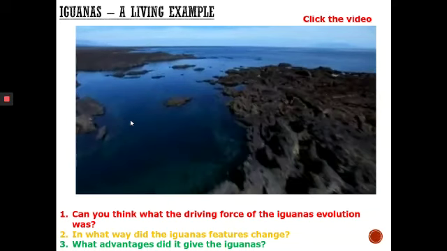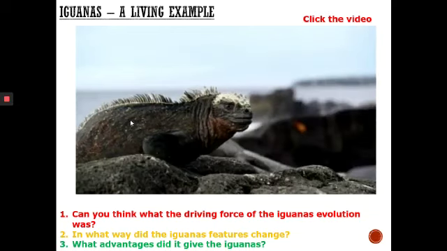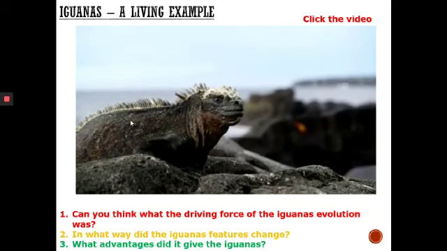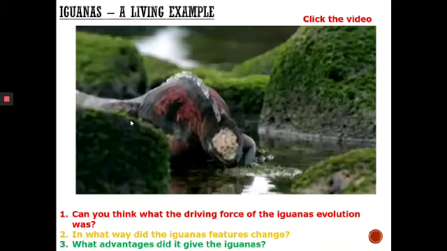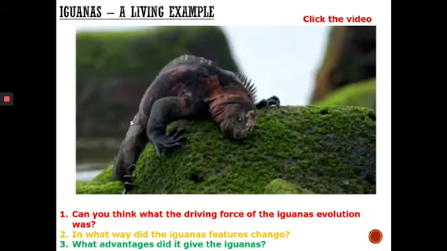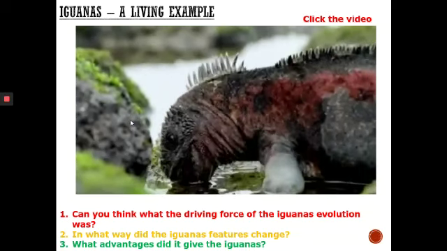So these iguanas, to survive, had to eat the only kind of leaf that was available. Seaweed. And to get the best of that, they had to do something even more radical. They had to swim.